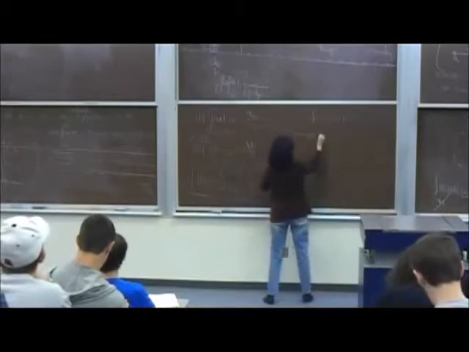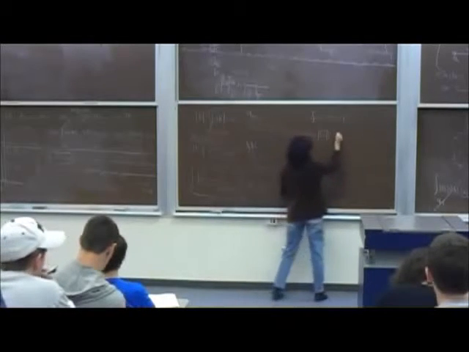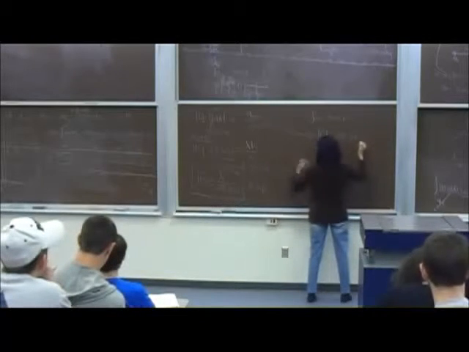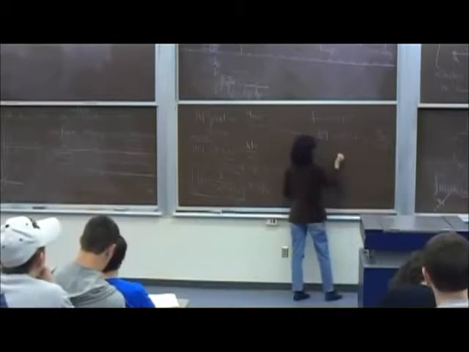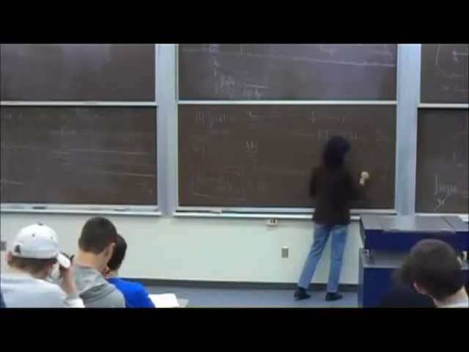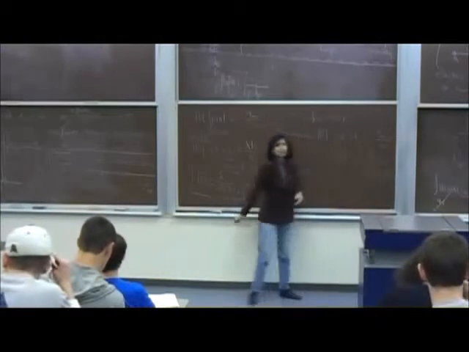But at this point we can now say, oh, so E times 2 pi rh is equal to Q enclosed divided by epsilon 0. That means E is equal to Q enclosed over 2 pi r h epsilon 0. The question is, what is Q enclosed now?